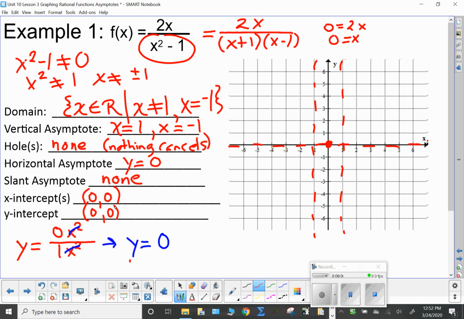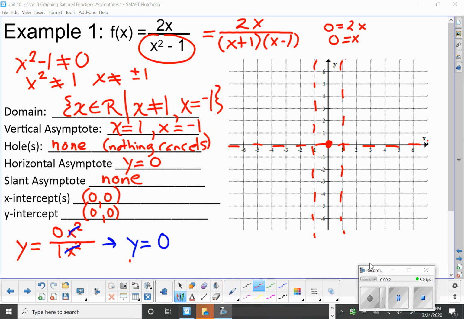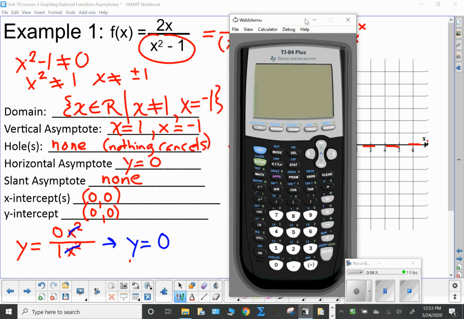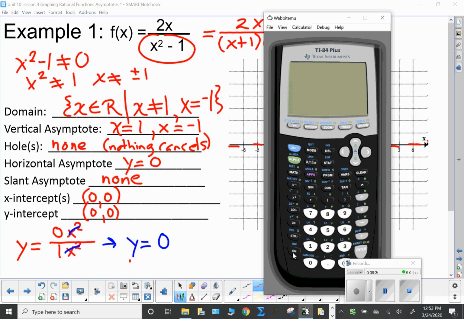Now, at this point, you would need to go and either take scratch paper and plug in values, like -2, -3, -4, to find out what's happening, plug in -0.5 and +0.5 to see what's happening over here. A quicker way to do it, so that you can plot some points, is to turn this on.